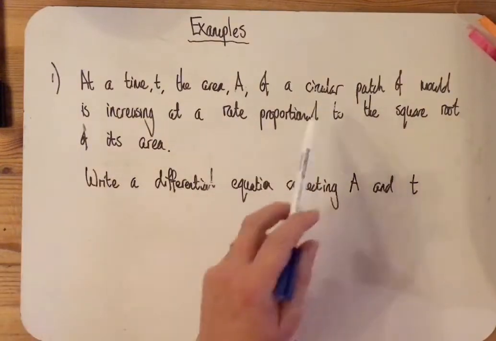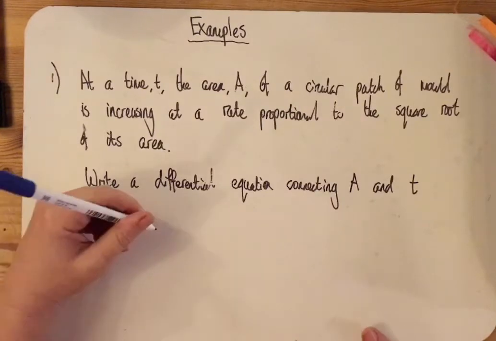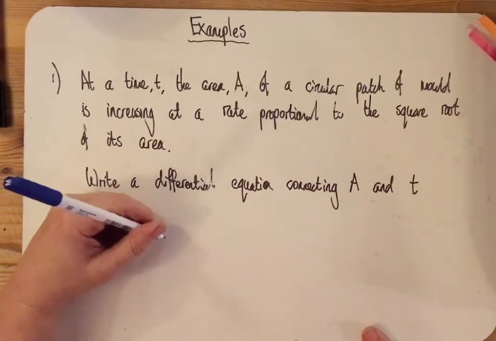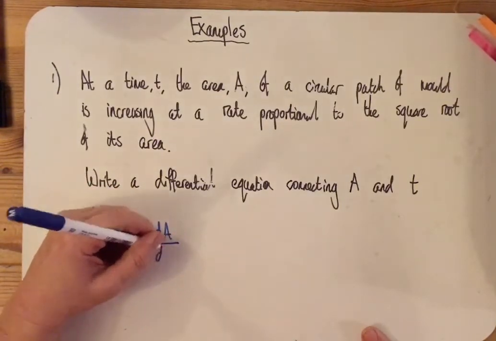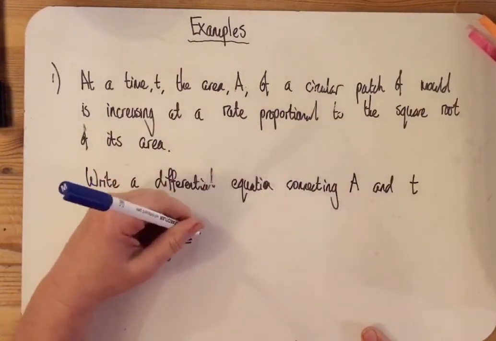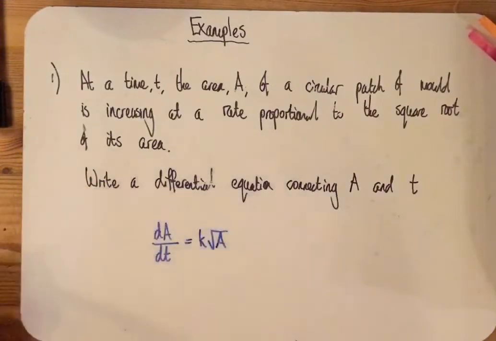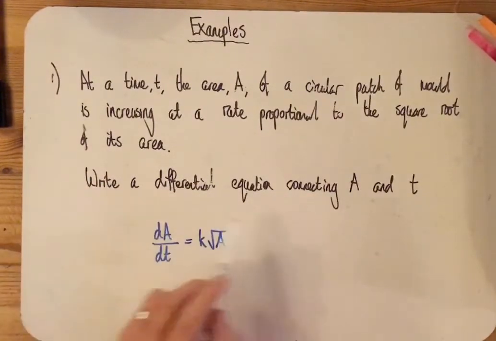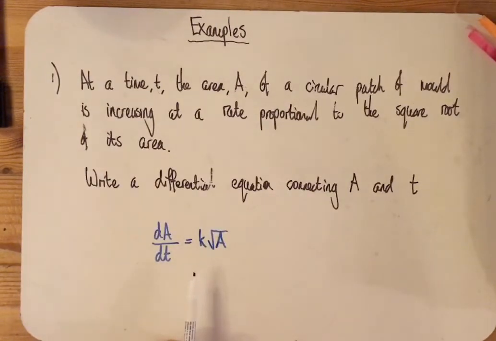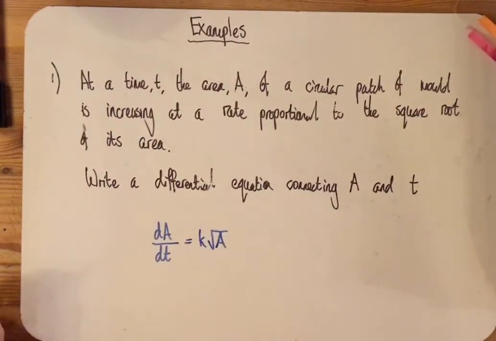So dA by dt is proportional to the square root of its area. That's the differential equation connecting A and t. You're basically turning that sentence into maths.